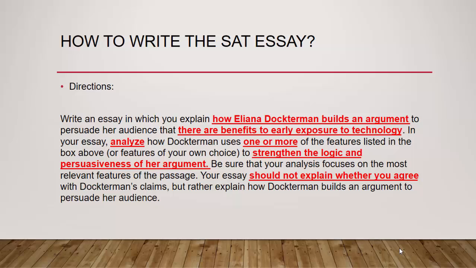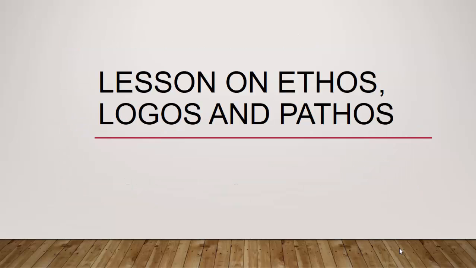Don't explain whether you agree or disagree with an argument. Just explain how she makes an argument. And make sure you mention how she uses persuasive techniques, development, and statistics and research.